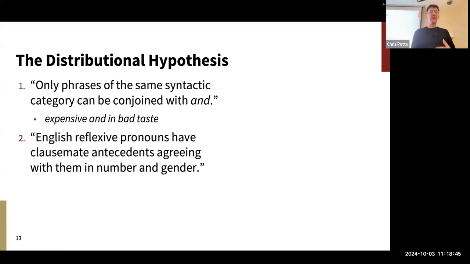Here's another example. English reflexive pronouns have clause-mate antecedents agreeing with them in number and gender. So from distributional evidence, I build up a notion of clause-mate and number and gender, and that supports this claim about where reflexives will appear. This is the kind of thing that actually comes well before Chomsky, all the way back to the early structural linguists.